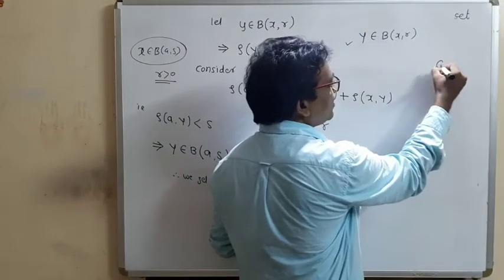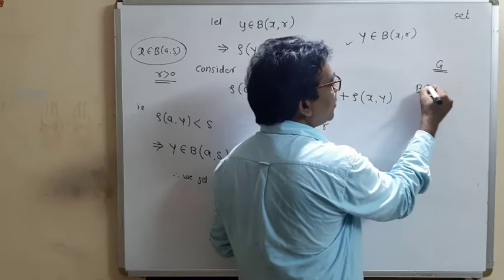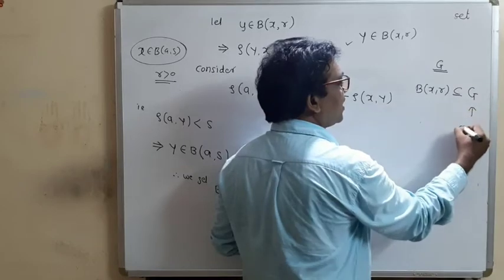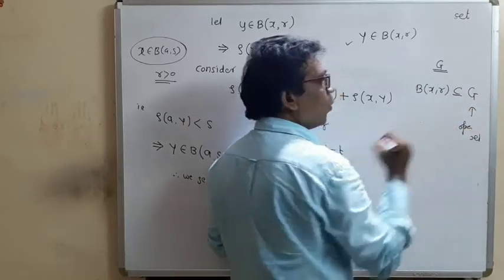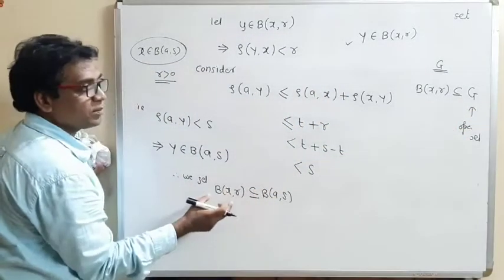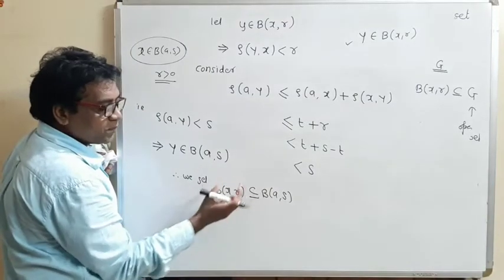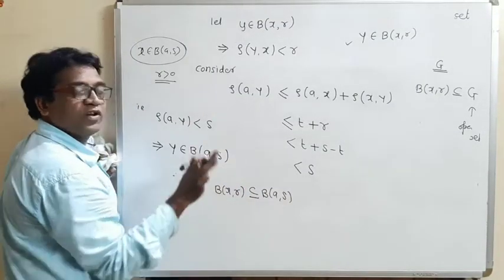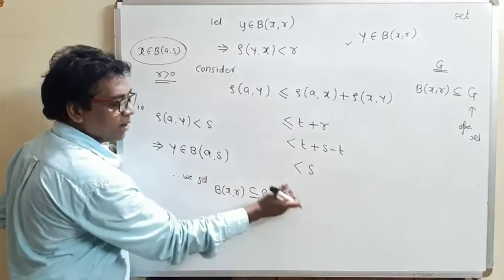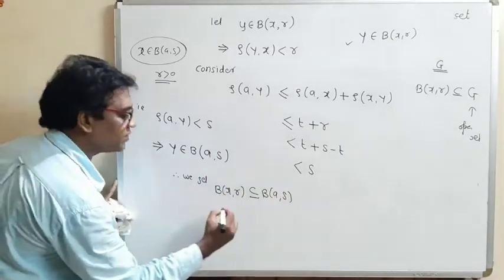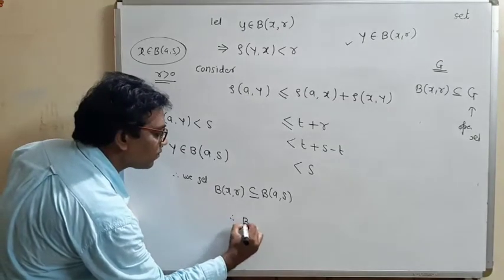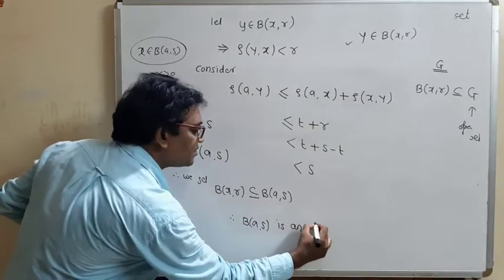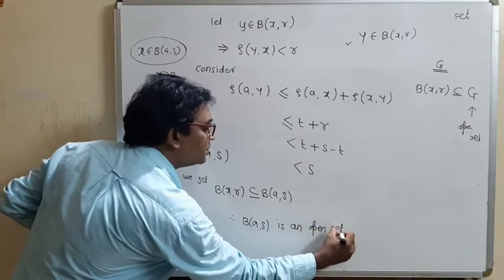How to show that G is an open set? Just find some open sphere B(x, r) contained in G, and then this G is called an open set. So this is the same concept. We have found some open sphere B(x, r) contained in B(a, s). So according to the definition of open set, we can say that B(a, s) is an open set. So right here, therefore, B(a, s) is an open set.